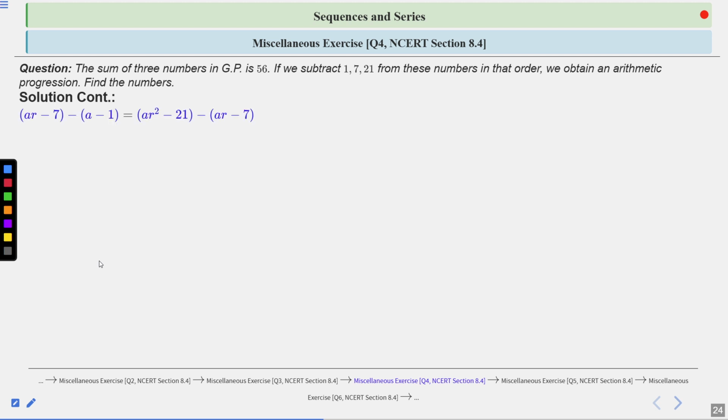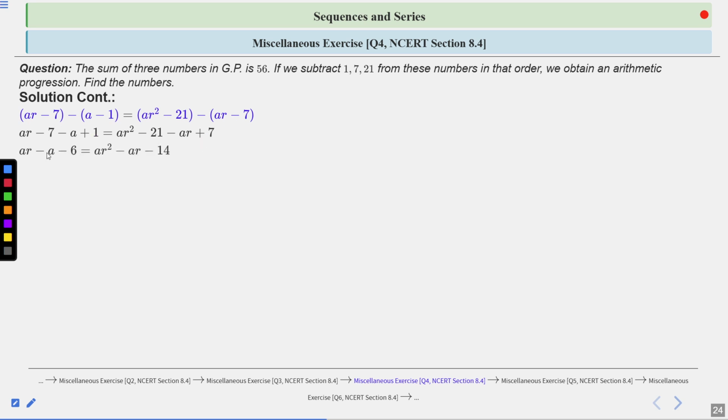Therefore, we can write (ar - 7) - (a - 1) equal to (ar square - 21) - (ar - 7). After some simplification, we get ar - 7 - a + 1 equal to ar square - 21 - ar + 7.